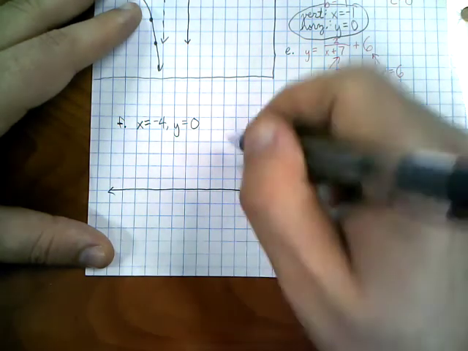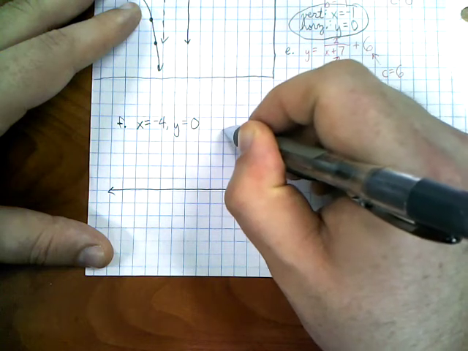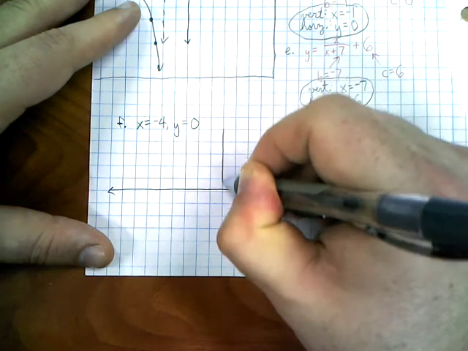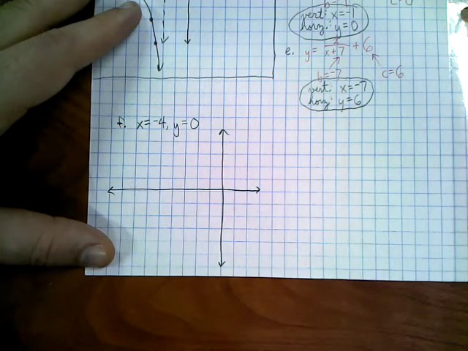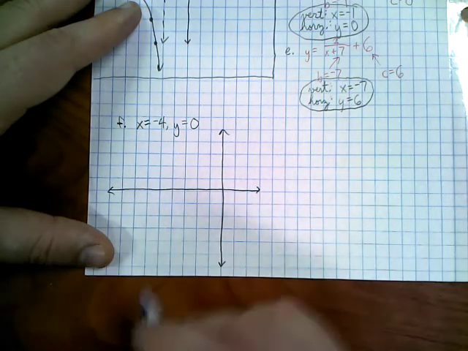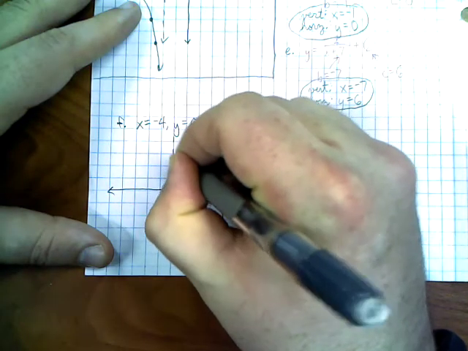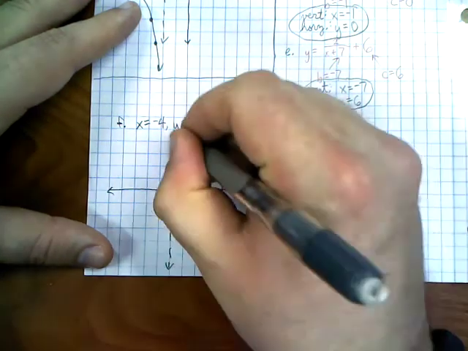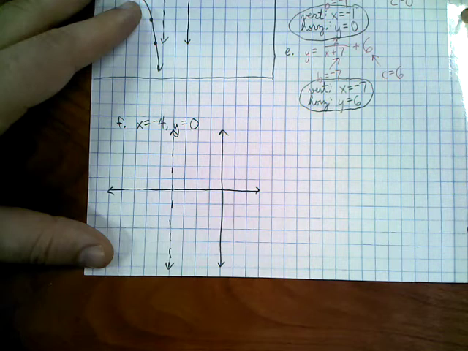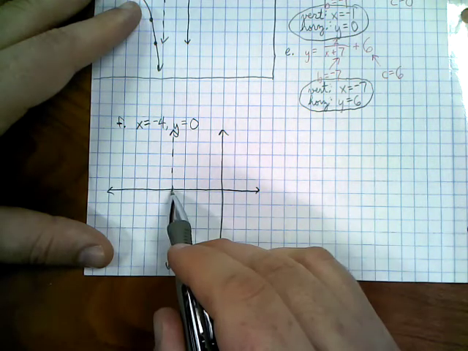So I'm just going to throw my y-axis over there. So the x-axis is an asymptote, but then my vertical asymptote goes through here at x equaling -4.